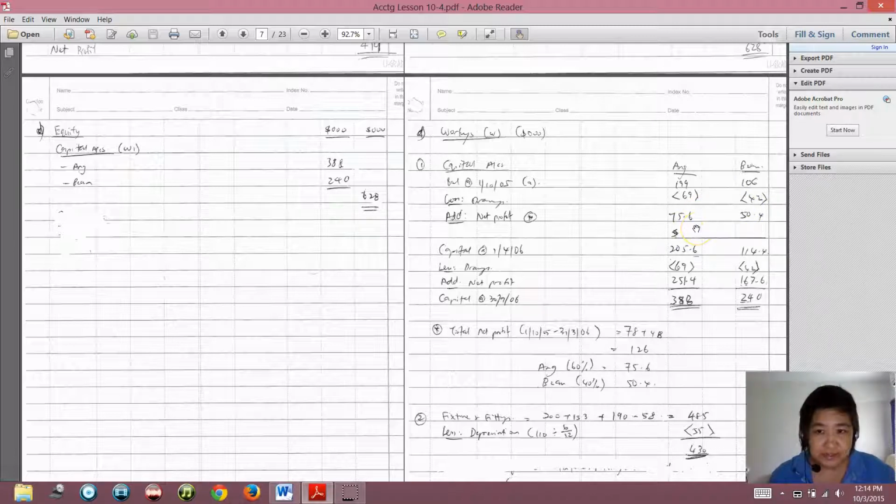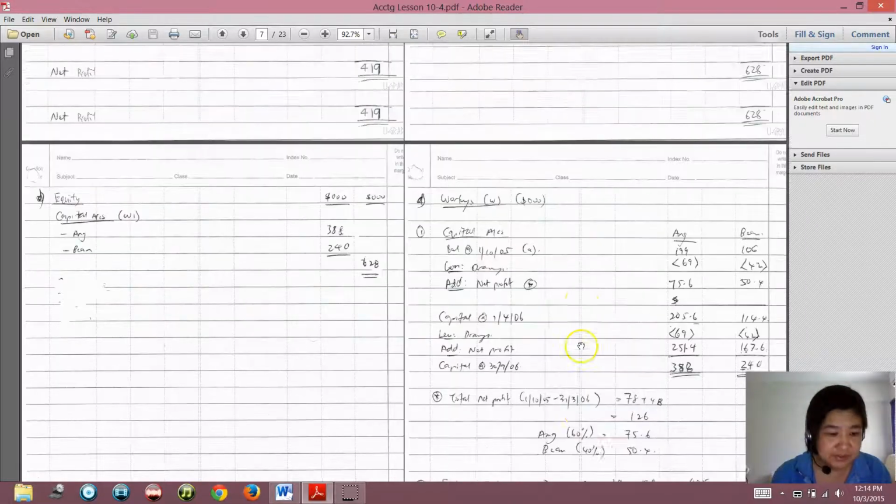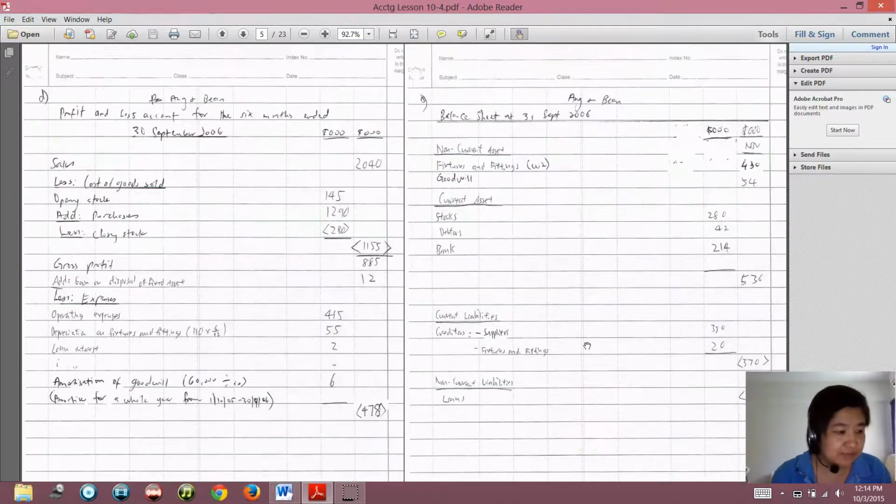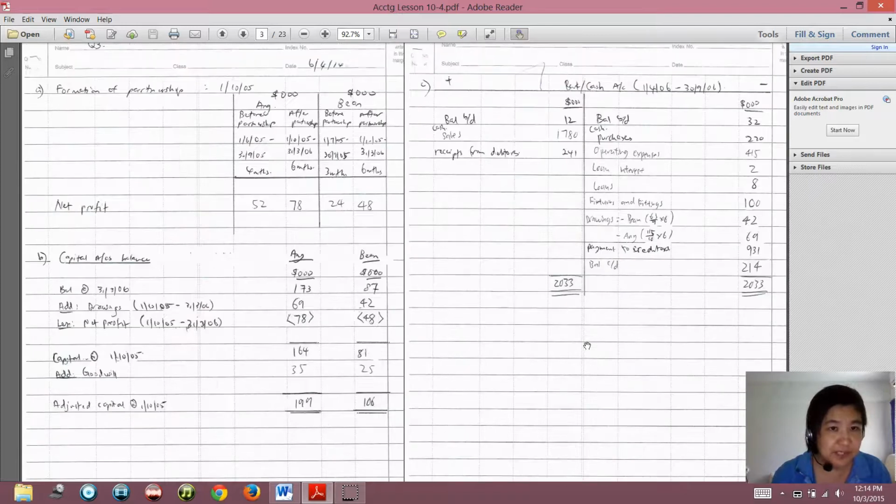Then net profit, you see, this is supposed to be the partnership net profit for these 6 months from 1st October 2005 to 31st March 2006. According to what I have calculated in part A, this 6 months is 78 and this is 48,000.